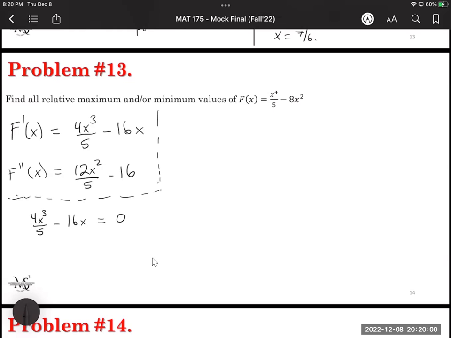We clear it by multiplying everything by the least common denominator. Since there's only one denominator, namely that 5, all the terms are going to get multiplied by 5. So for example, if I take 5 and multiply it by 4x cubed divided by 5, what would happen to your 5s? They'll cancel out.